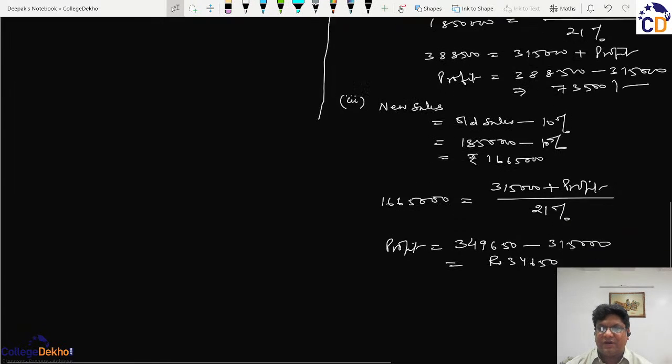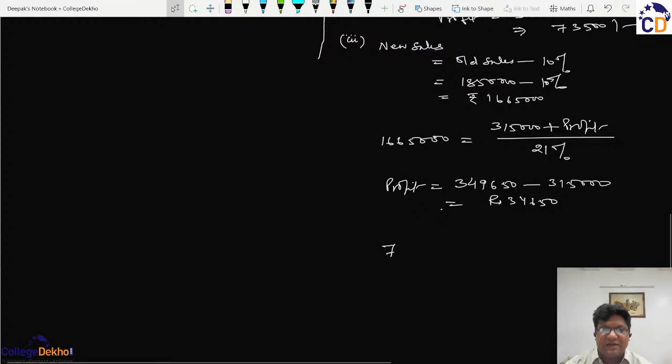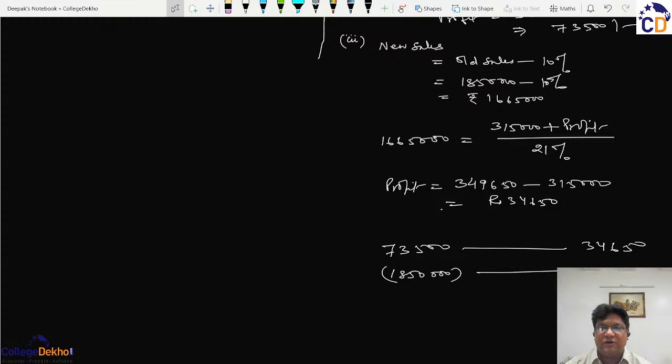So what is happening here, that is the profit has decreased from 73,500 to 34,650 if the sales, which was 18 lakh 50,000, has now reduced by 10% to 16 lakh 65,000.